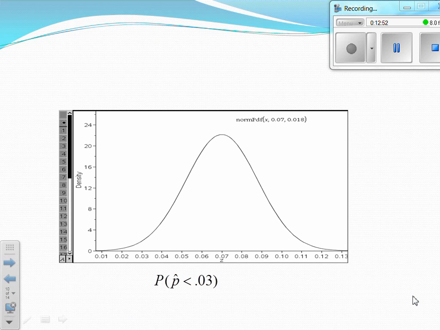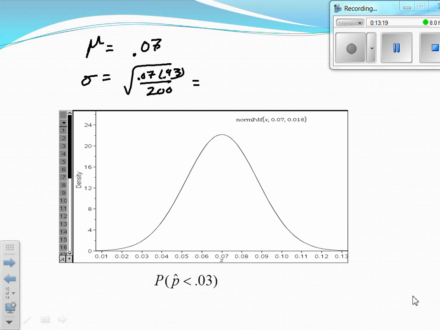So we're going to try to figure out what's the probability that we get below 0.03. So our mean here should be 7%. Our standard deviation, because we've taken a sample, we have to divide through by the number of people in that sample, divided by 200.